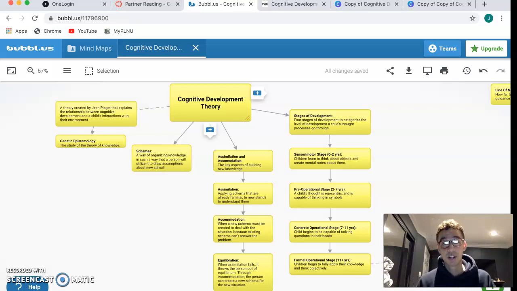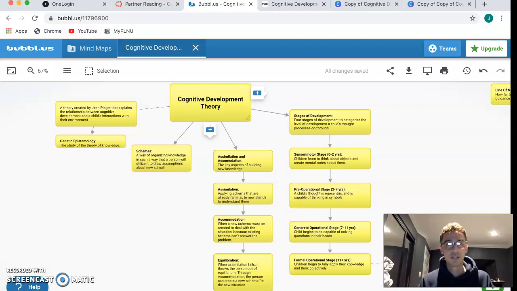So, cognitive development theory is a theory created by a psychologist named Jean Piaget. He explained it as a relationship between cognitive development and a child's interactions with their environment. Essentially, he didn't view intelligence as a fixed trait, but rather as something that came as a result of a child's interactions with its environment.